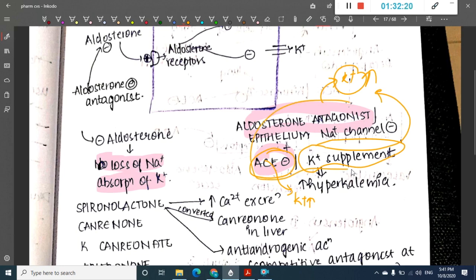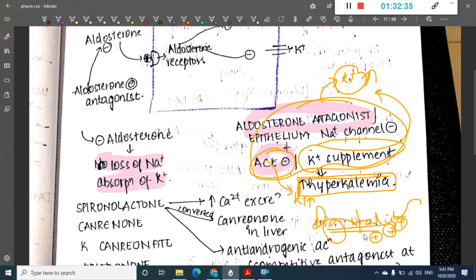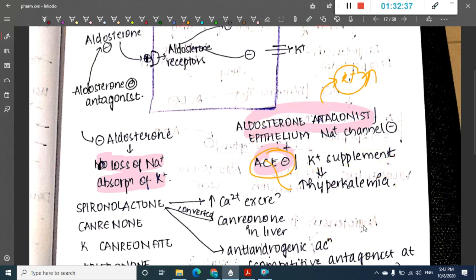So all these will precipitate hyperkalemia. You should not give these together. And with hyperkalemia, you should not even give digitalis, because the side effects of digitalis are precipitated by hyperkalemia. So these are interactions which you have to remember.